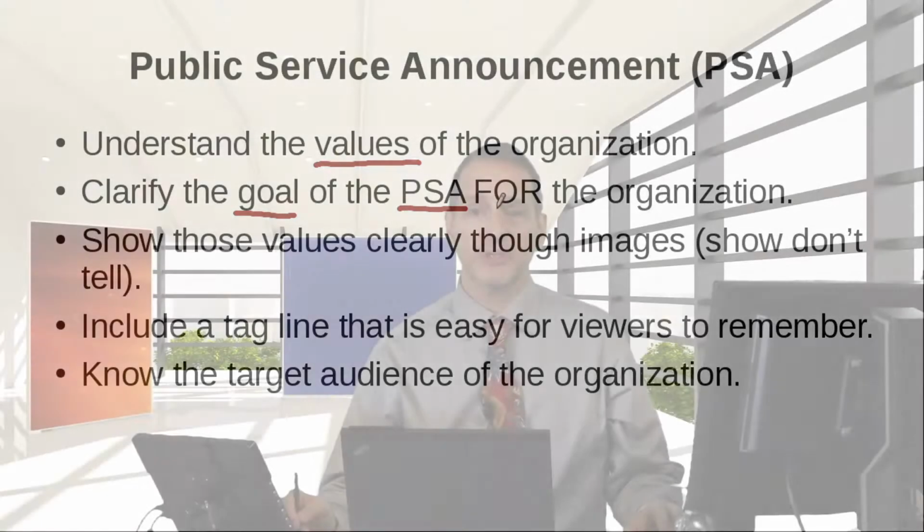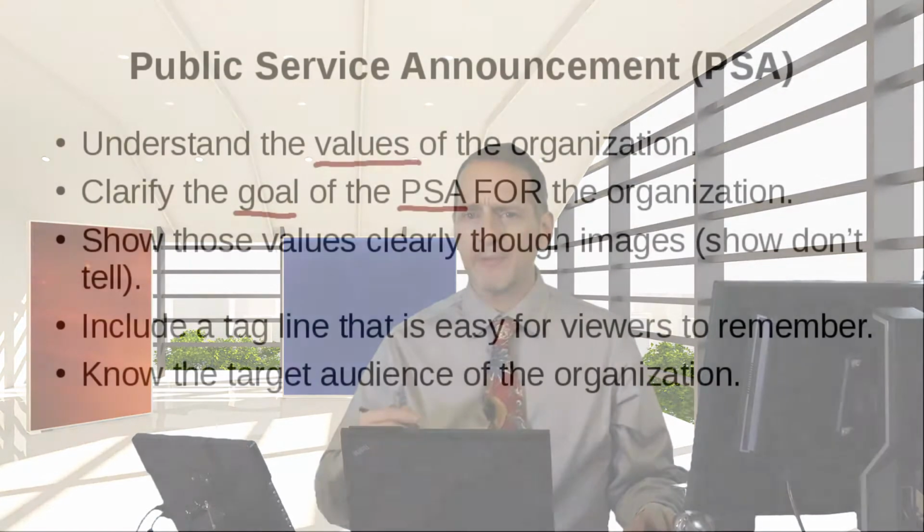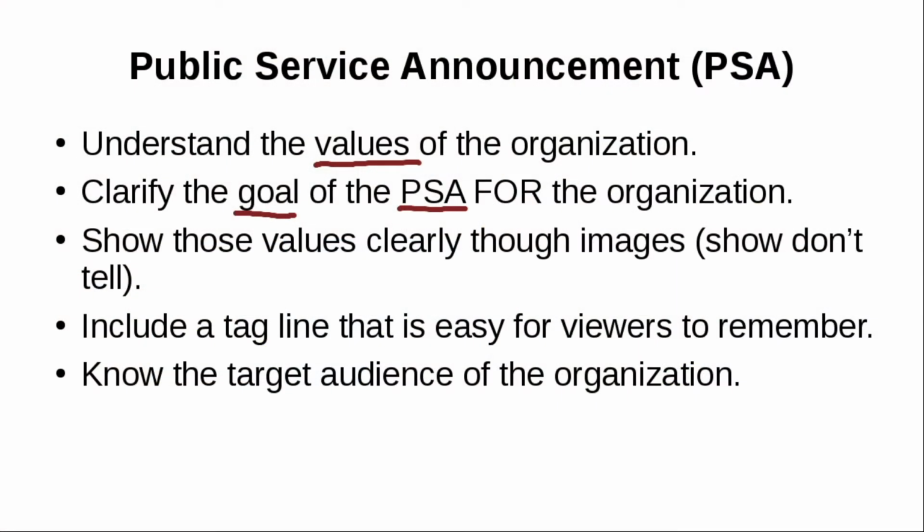Now, hopefully they already have their message clear. Usually they will. So you can look at their website, you can look at their brochure, and it will be very clear on what their goal is. Help our community through cleaning the streets, something like this. Very, very clear action. So that's probably ready, but you need to spend some time to make sure you understand it clearly.